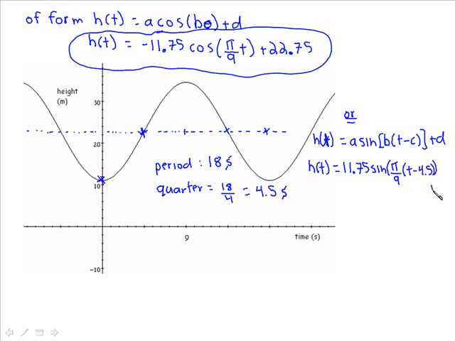It's a little tight there, so let me try that one more time. H at t with a bit of space. H at t is equal to 11.75 sine pi over 9 t minus 4.5, plus 22.75.